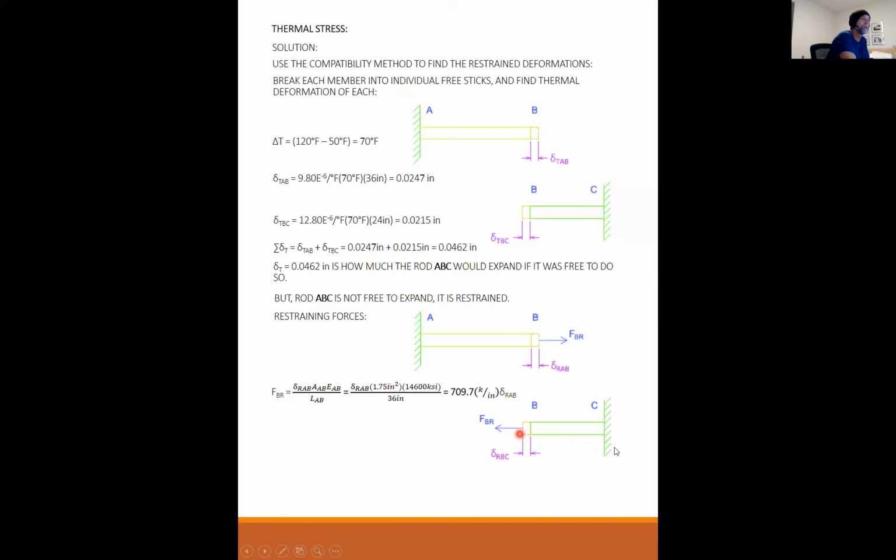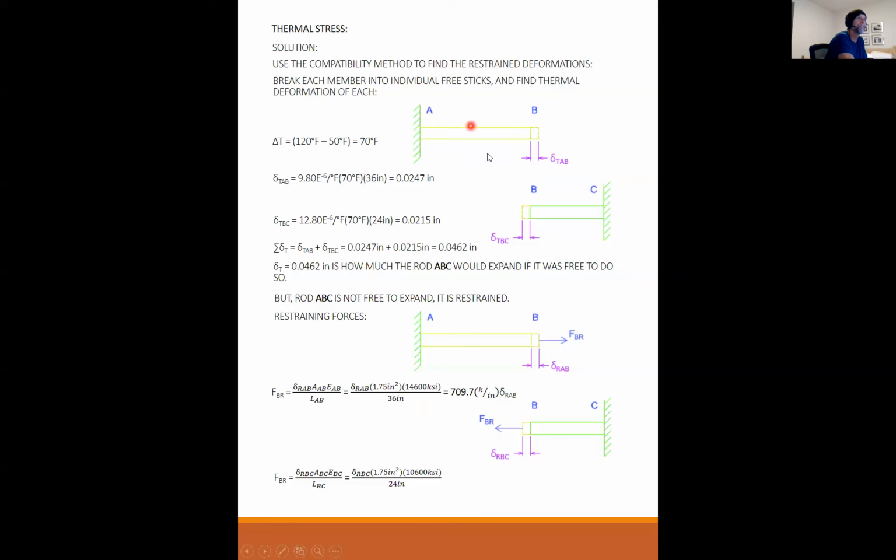And likewise, I can do a free body diagram of BC. Due to this force FBR, the force at B due to restraining forces, I have this delta RBC. And FBR is again equal to this deformation times the area times Young's modulus over the length of material BC. And remember, the Young's moduluses are not the same.